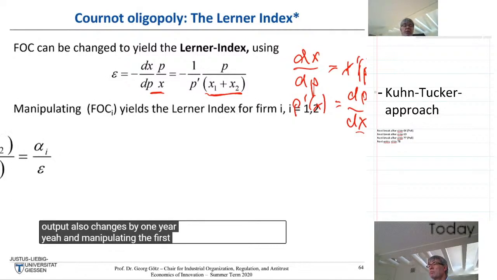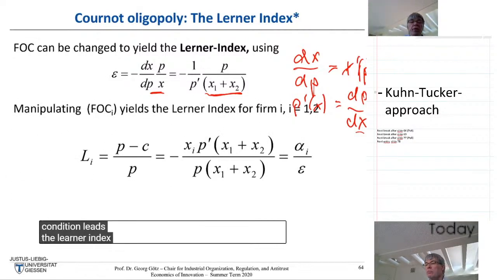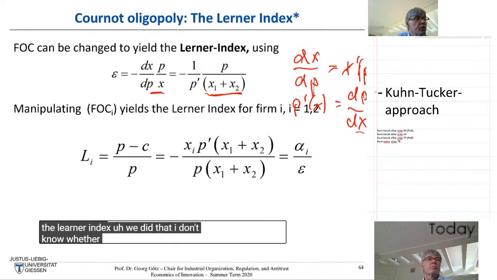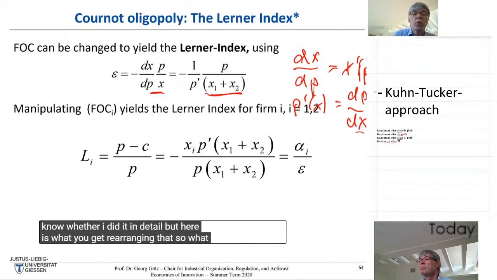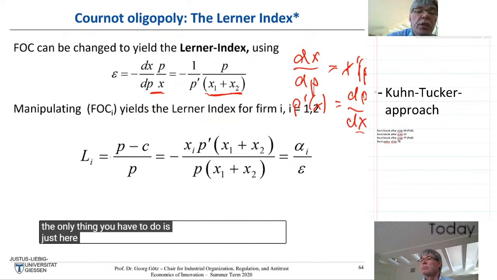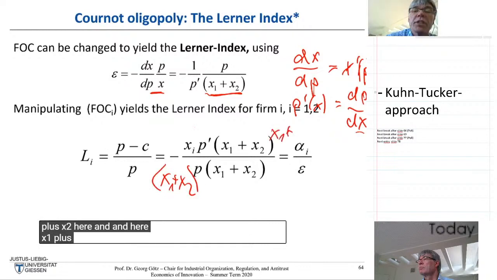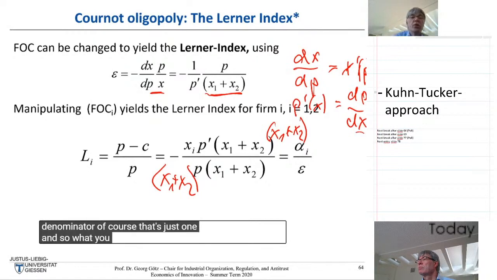Manipulating the first order condition yields the Lerner index. We did that, I don't know whether I did it in detail, but here is what you get rearranging that. The only thing you have to do is expand that by x1 plus x2 in the numerator and the denominator. Of course, that's just 1.